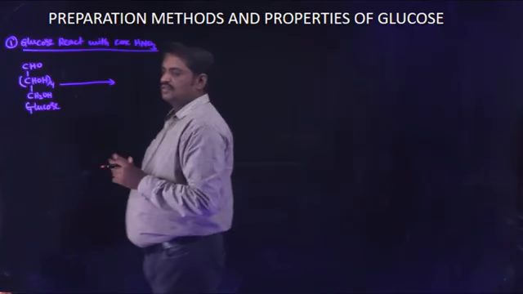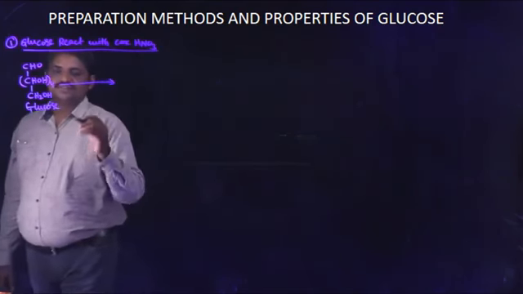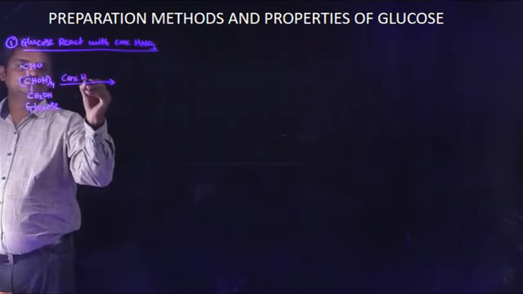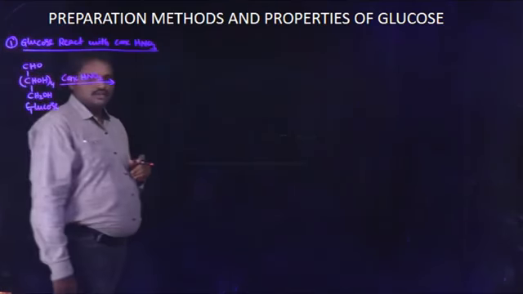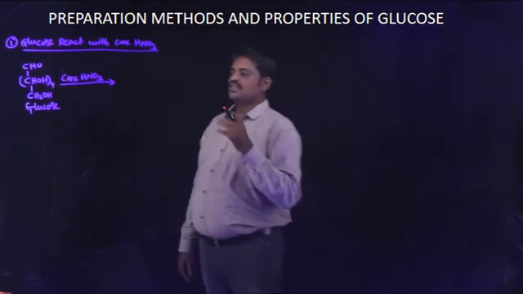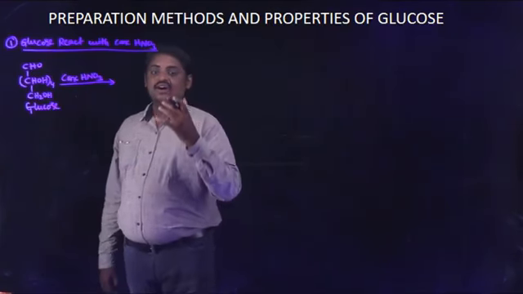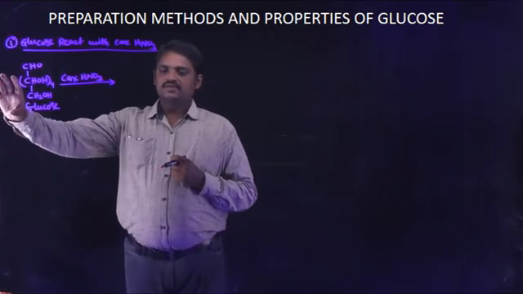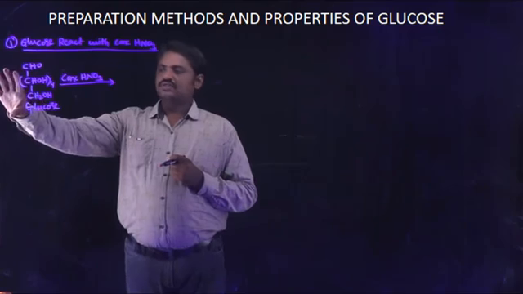And another one, glucose reacts with concentrated nitric acid. It is converted to succinic acid or saccharic acid. So this is glucose, the formula is C6H12O6. This is a similar structure of glucose.